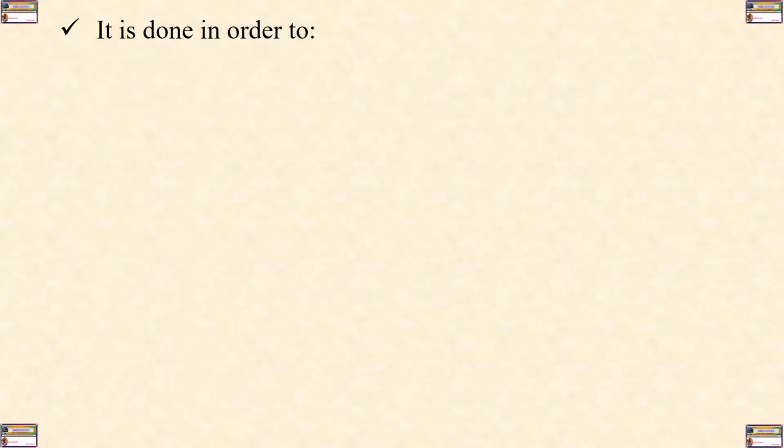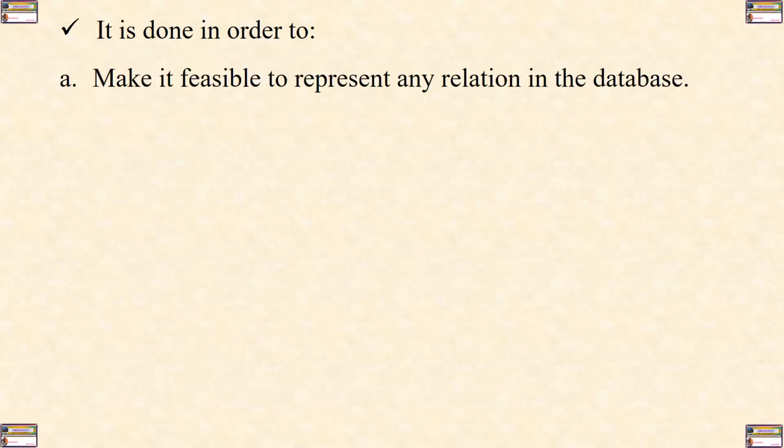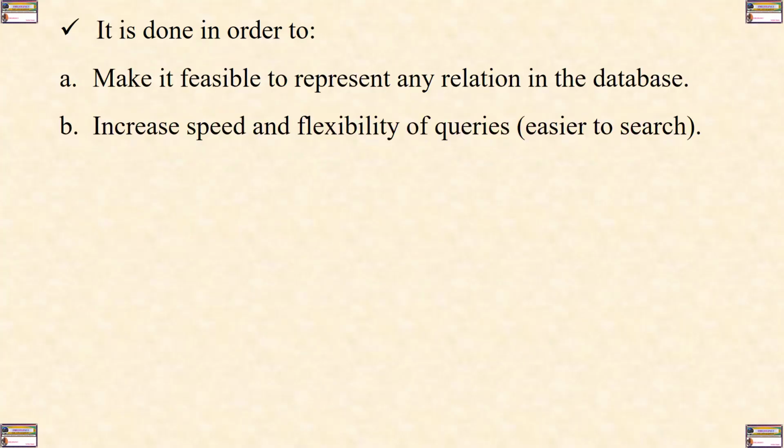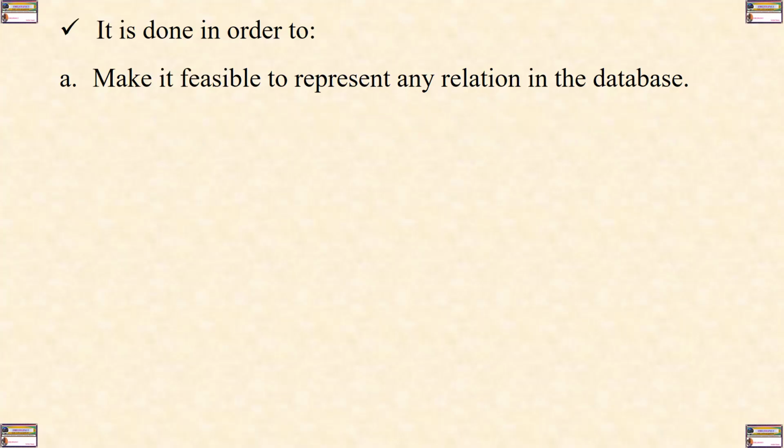Now, how do you normalize your data? Once you have your fields for all the tables, you proceed as follows. Or in other words, why normalization? What are the advantages of normalization?